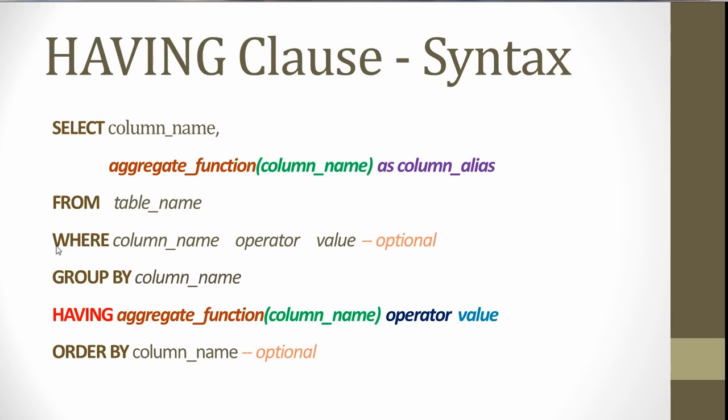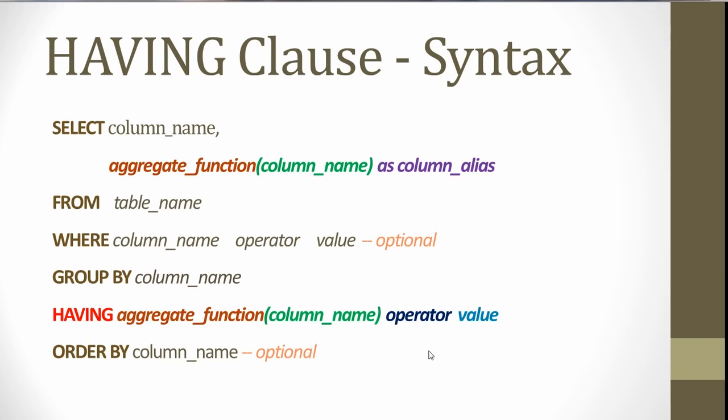It's very similar to the where, which has a column, operator and value. Here additionally you can use an aggregate function on the column. Lastly, if you have an order by, you include it after the having clause. This is the whole syntax for group by and having.